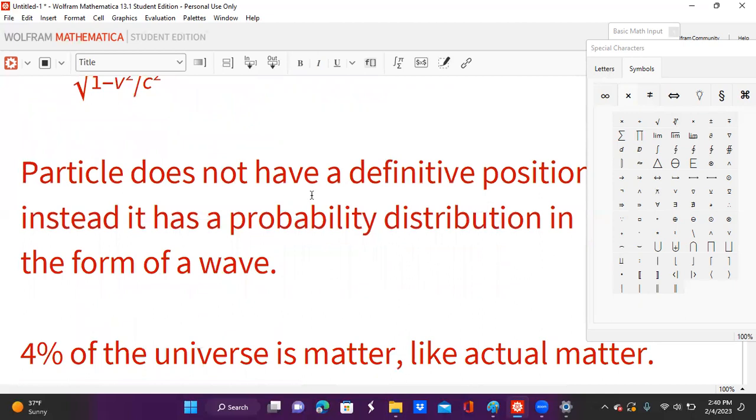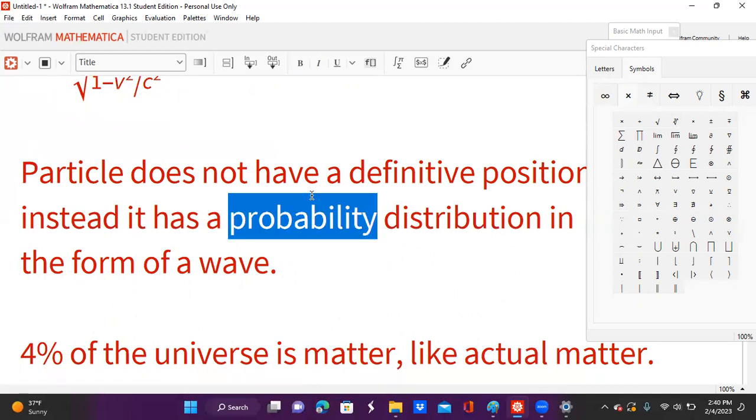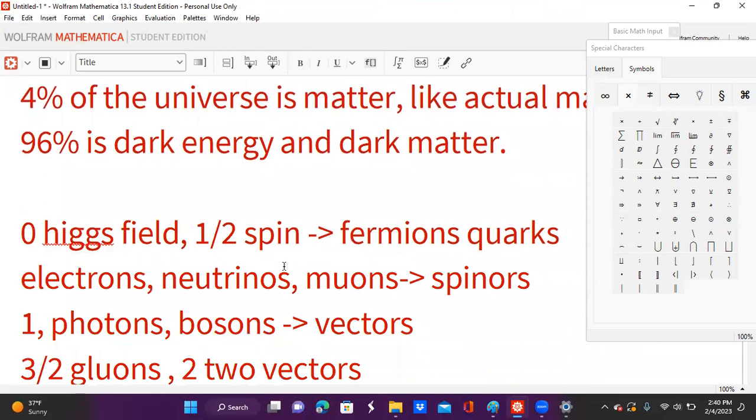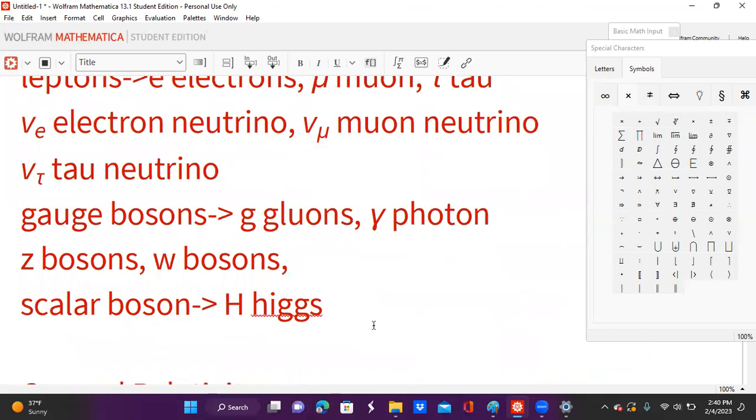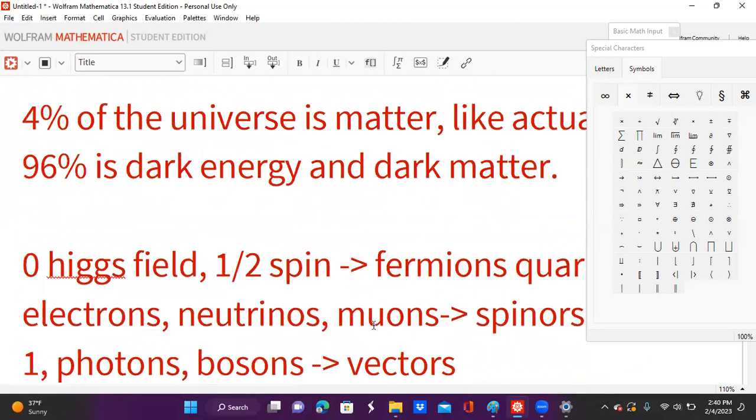In the sense of its spin and charge, and the charge usually is a fundamental thing, but it's what happens with the charge, the spin, and its angular momentum all make a difference in the wave and how the wave will interact with other waves. 4% of the universe, the parts that I'm talking about, that's it. The rest, 96% of the universe, is dark energy and dark matter, and we have no idea what's going on. But people like to think we know everything.